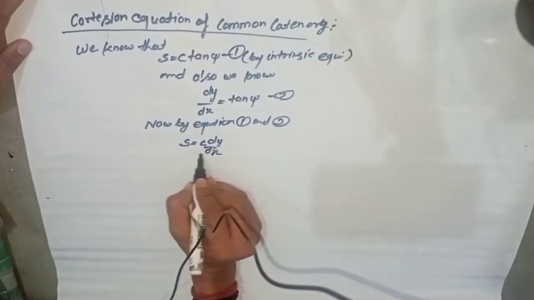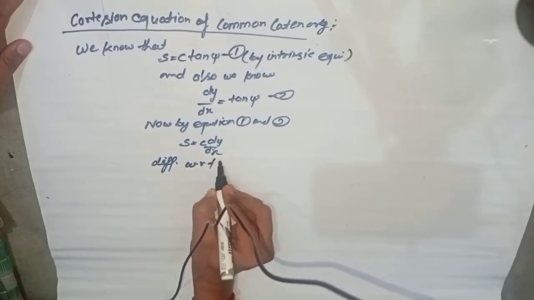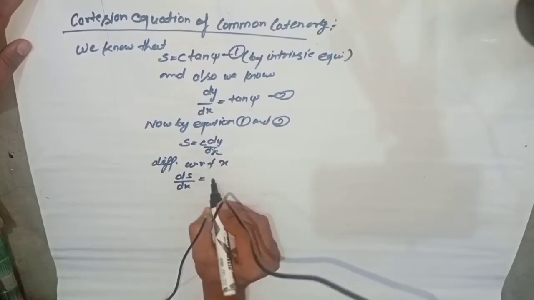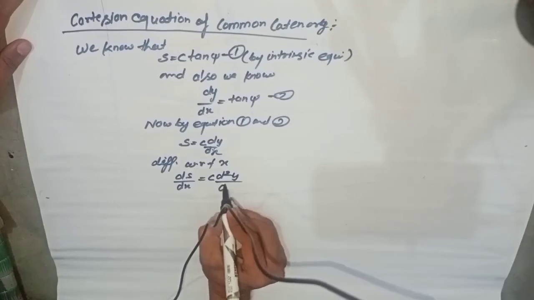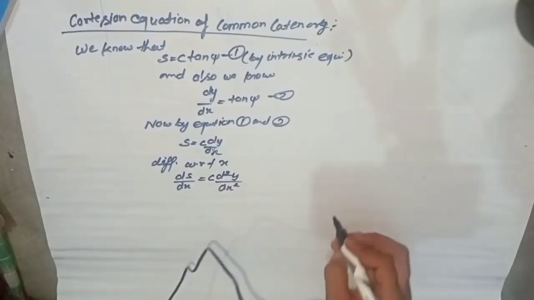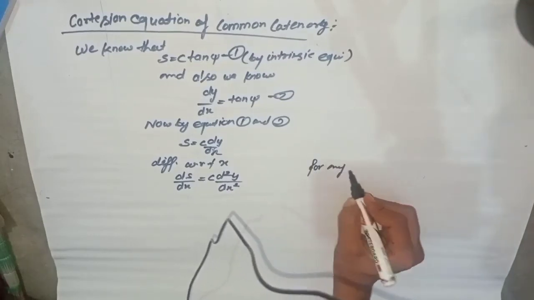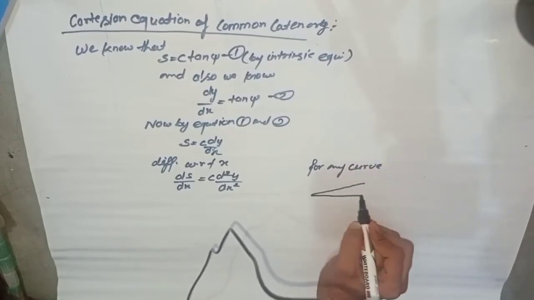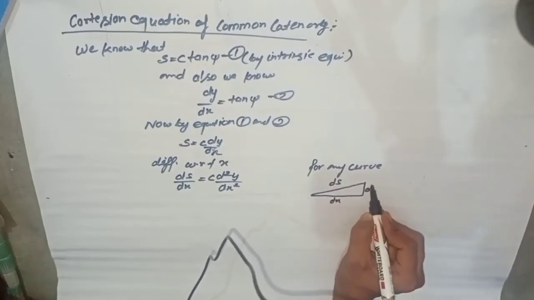Now again differentiate this equation with respect to x. Then we get ds by dx equal to c, since c is a constant it comes out, and d square y upon dx square. Now for any curve we assume ds, dx and dy.